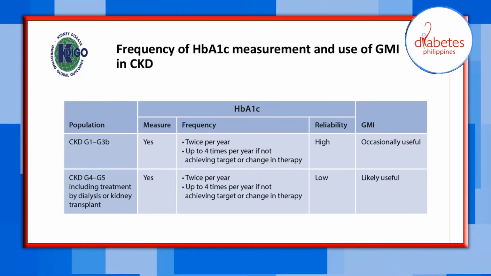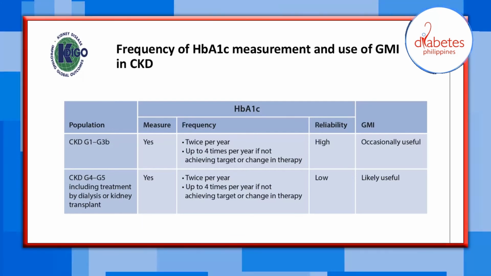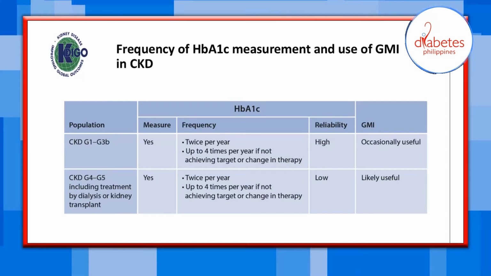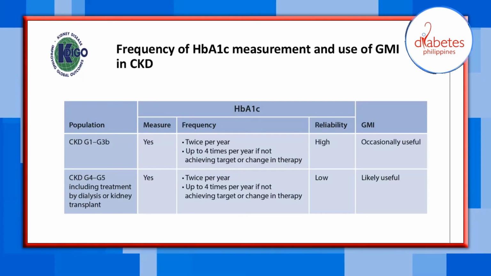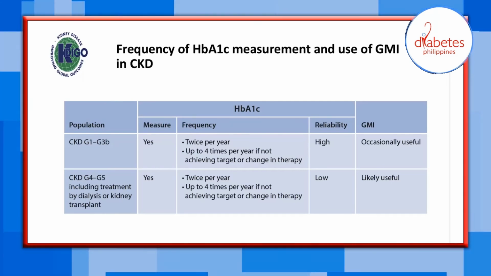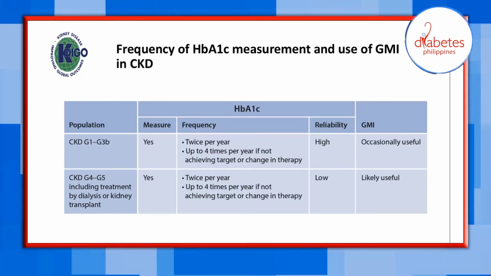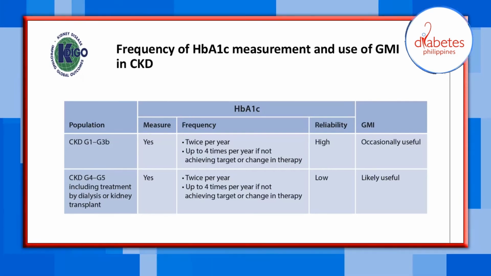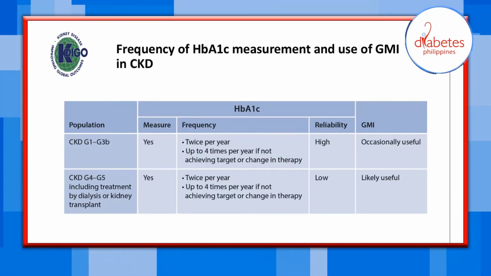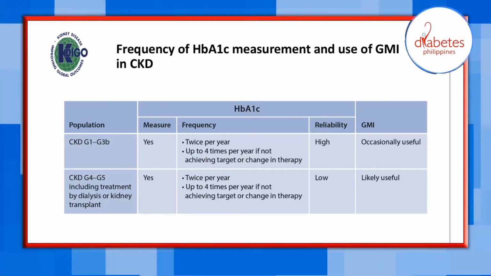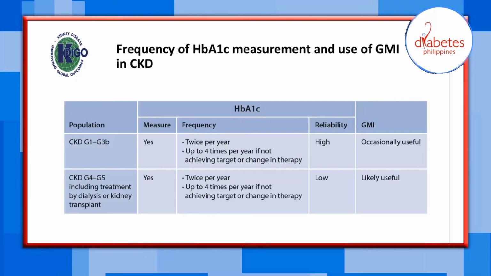For those under CKD stage 1 to stage 3B, you can use your A1C, ideally twice per year, or up to 4 times per year if not achieving your target or if there are any changes in therapy, and it's highly reliable. However, for CKD stage 4 and 5, including those on dialysis or with a kidney transplant, it is advised to use it twice per year, up to 4 times per year, if not achieving target or with a change in therapy. However, the reliability is low.